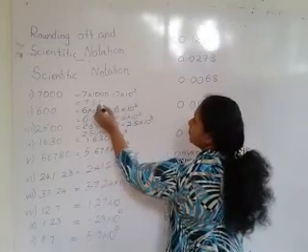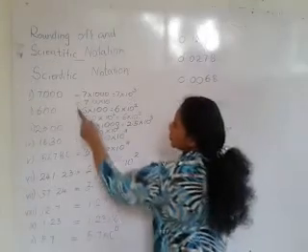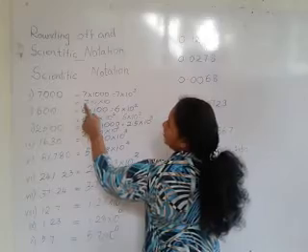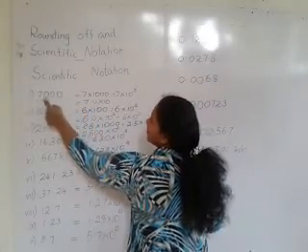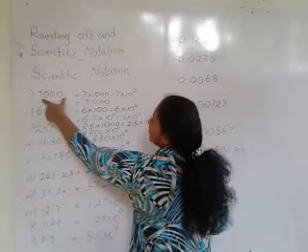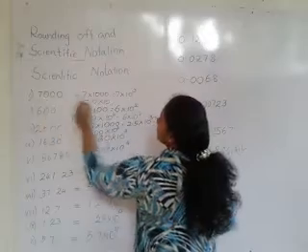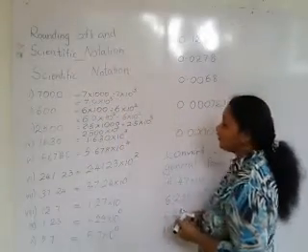Then 10 power of how many times it moves. Earlier it is after the 0. Now it is between 7 and 0. So how many times does it move? 1, 2, 3. So 10 power of 3. 7 times 10 power of 3.